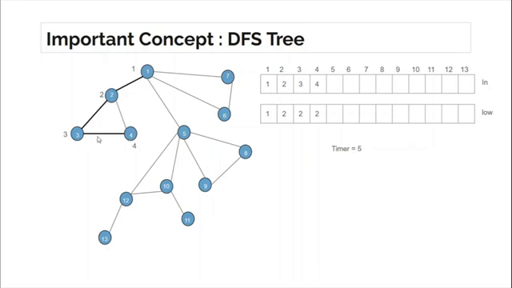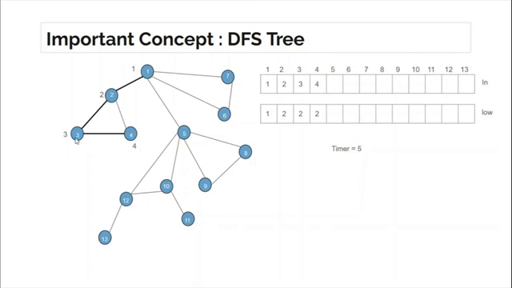That is why initially the low time of node 3 was only 3. It was not equal to the in time of node 2, because this edge cannot minimize the low time of node 3. But these edges can, because we are now not using the edge which connects node 3 to its parent, but a different path.